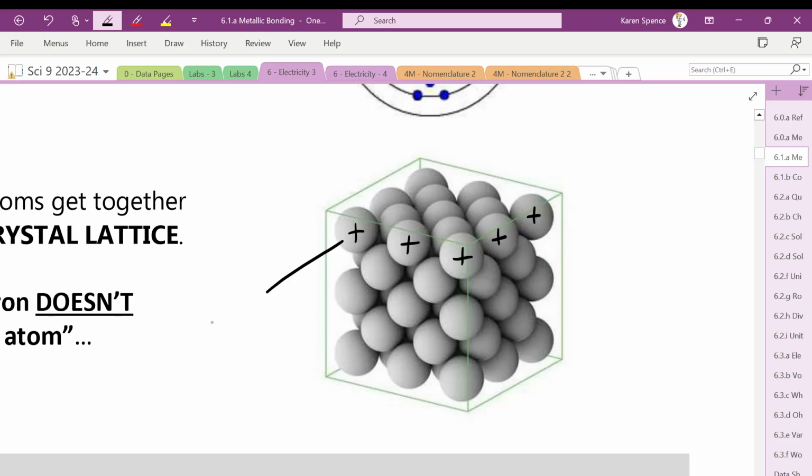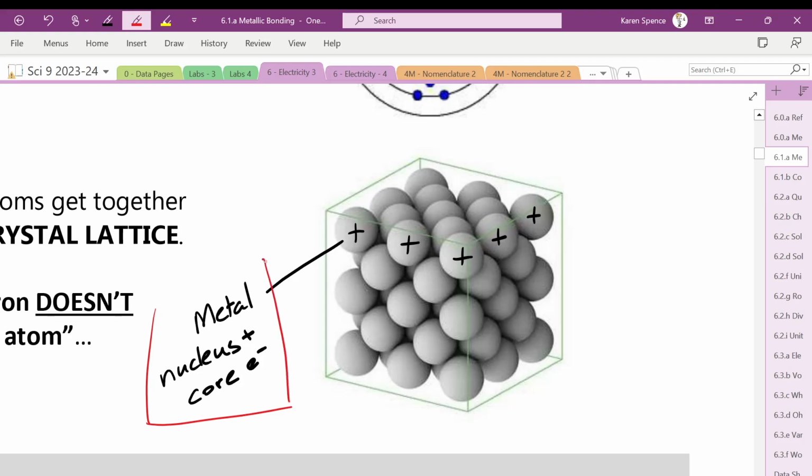So this is the metal nucleus plus the core electrons. The core electrons are the ones that are not the valence electrons. And when you have a metal nucleus plus the core electrons, that is a cation.